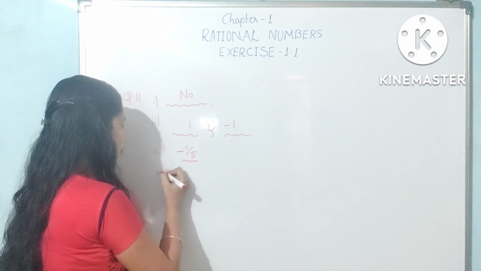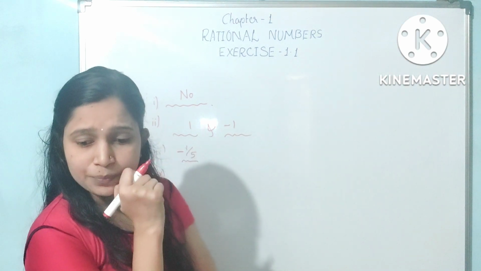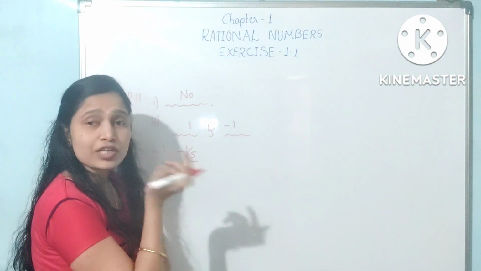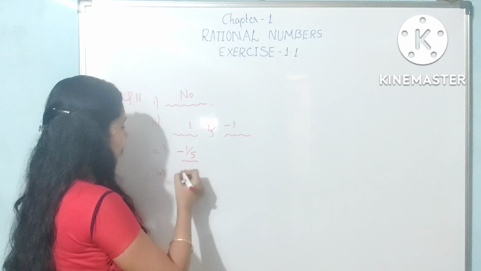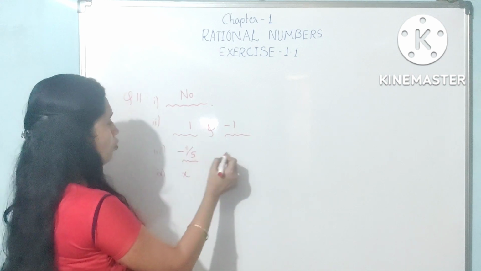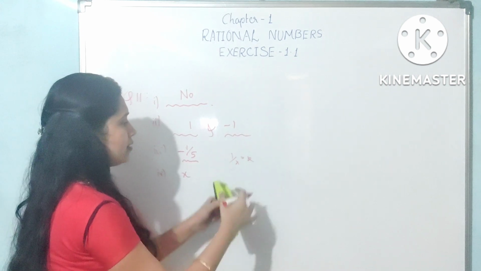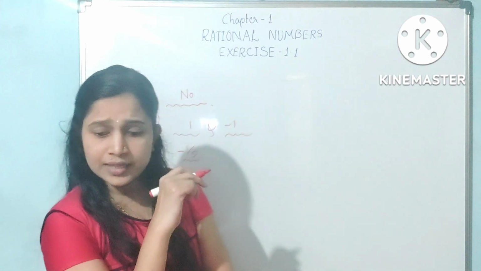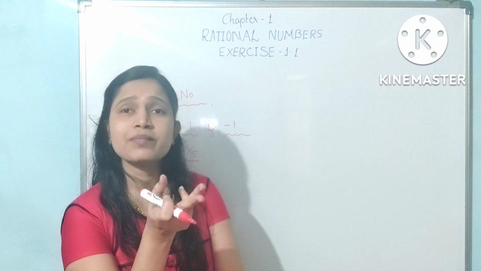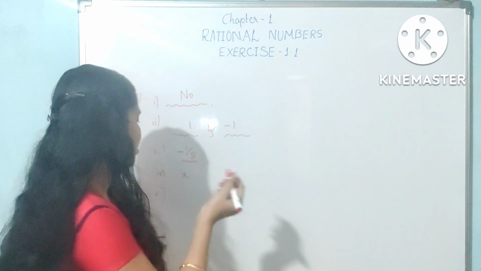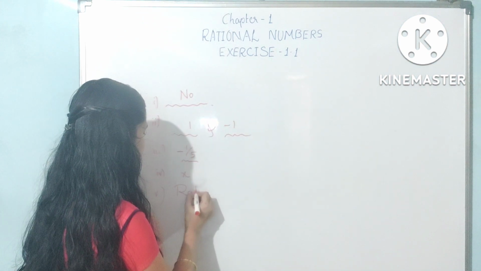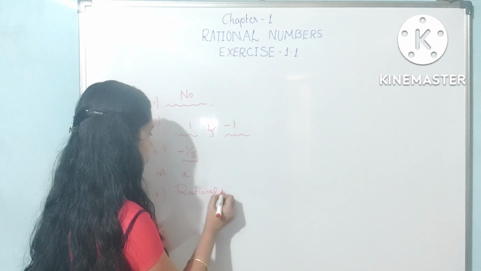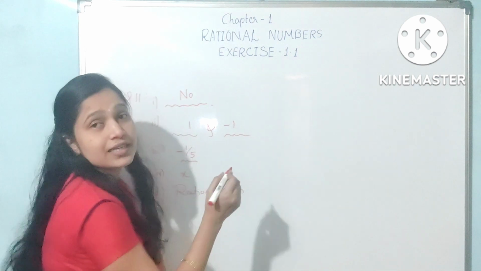Okay. Next one. Reciprocal of 1 by x, where x is not equal to 0. Simple. The reciprocal of 1 by x is x. Yes. Okay. The fifth one. The product of two rational numbers is always a rational number. We have already learned this in the rational numbers chapter.